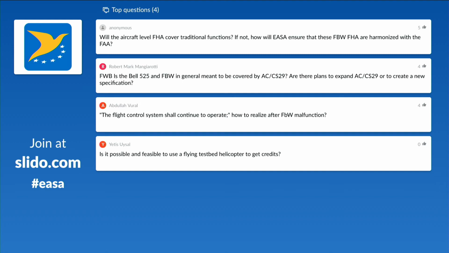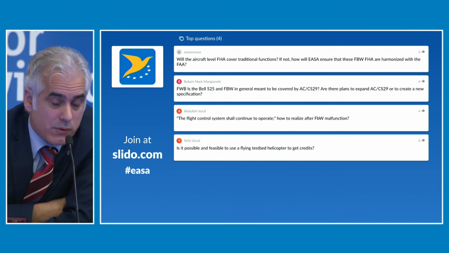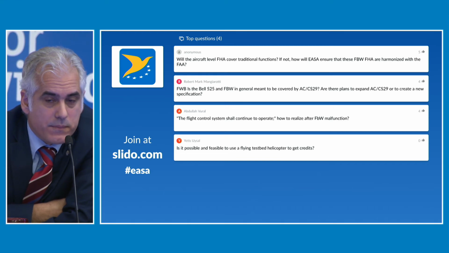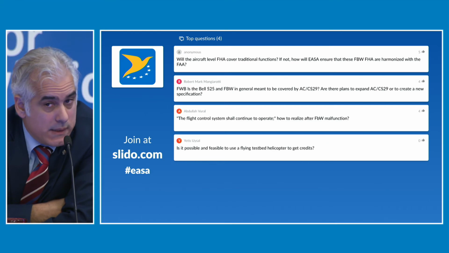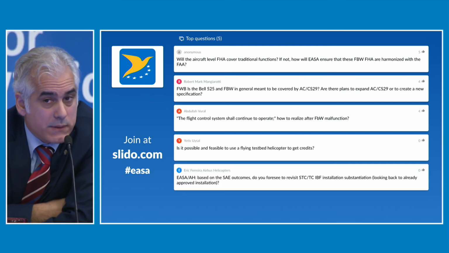I am not so sure why we're building flight control laws if we can't analyze the FHA properly at the aircraft level. It has to take into account the fly-by-wire. There's no doubt about it. The FHA, on the other hand, for many aircraft types is almost identical.